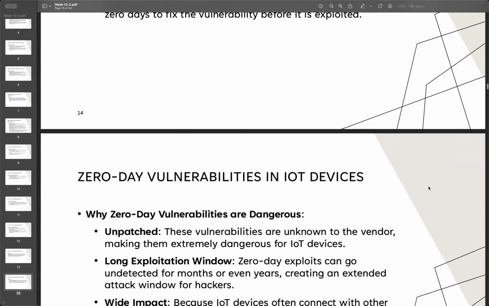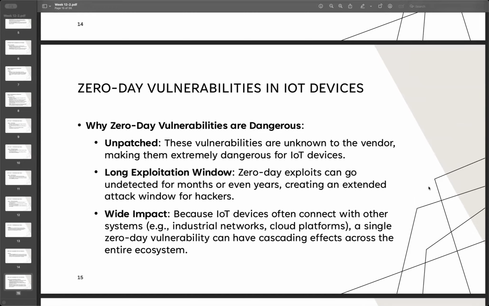Why is it so dangerous? The first reason is that it's unpatched. Because it is unknown to the vendor, it makes them extremely dangerous to IoT devices.